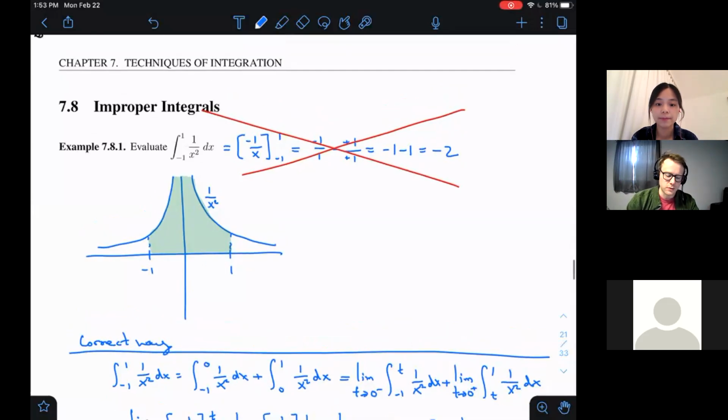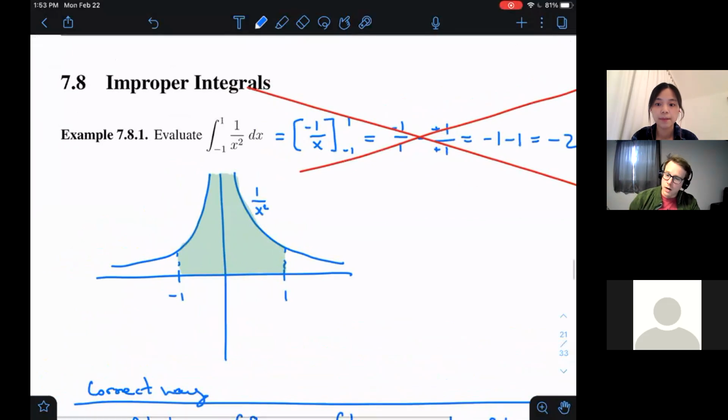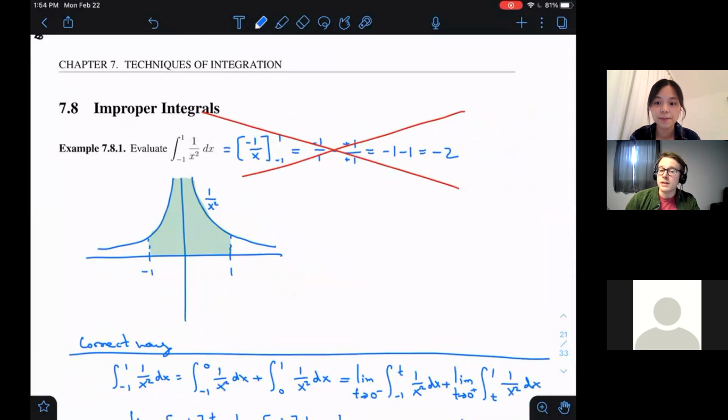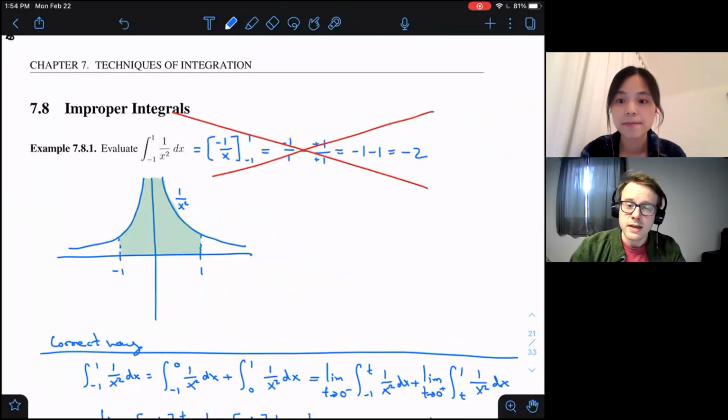That's what this first one is all about: we want to integrate over some discontinuity, right? If you plug in 0 here, that doesn't make a whole lot of sense. And yet 0 is on the interval from -1 to 1. If we just try to apply the fundamental theorem of calculus, notice that it gives the wrong answer, because the hypothesis is that you have a nice continuous function.